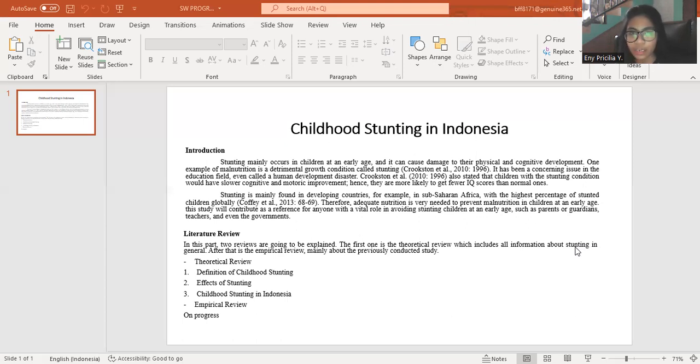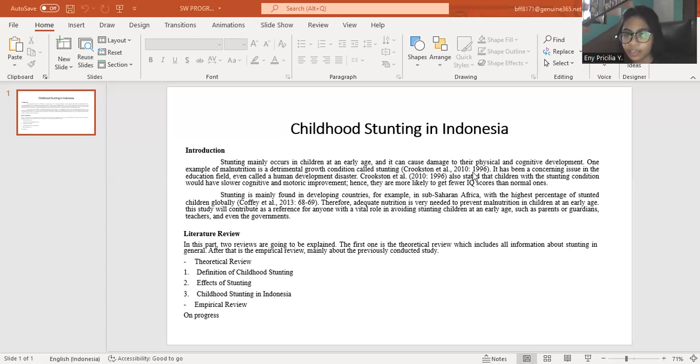And after the malnutrition explanation, I stated that one example of malnutrition is called stunting, and the explanation in the introduction is followed by explanation and study from the experts beforehand, for example, by Crookston et al. in 2010.